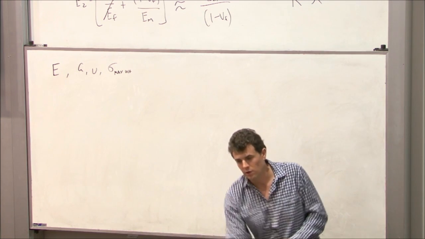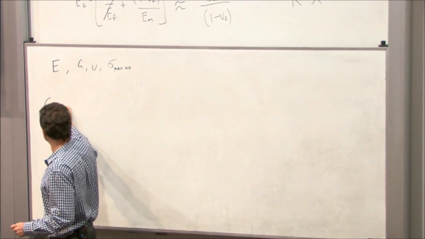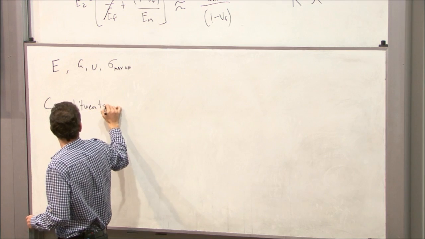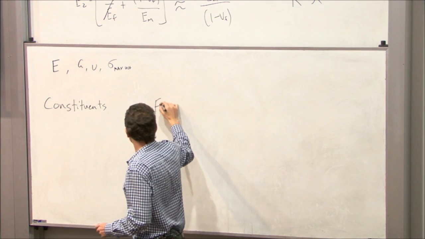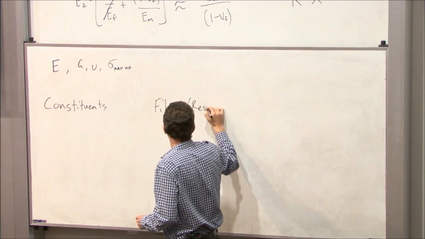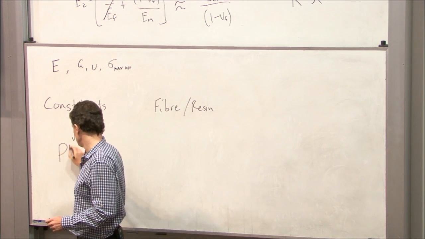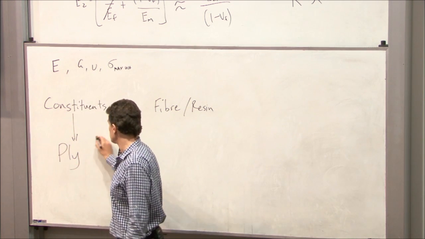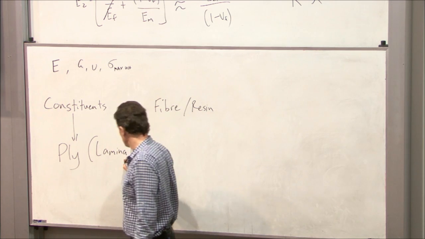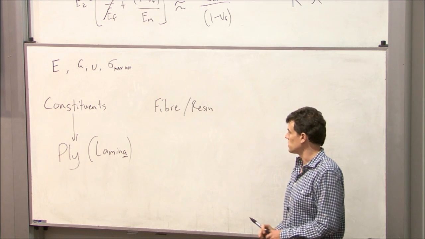And we now know how to go from what I call constituents, so the fibre and resin, to a ply. This is often called a lamina. Note the particular ending: lamina means singular.